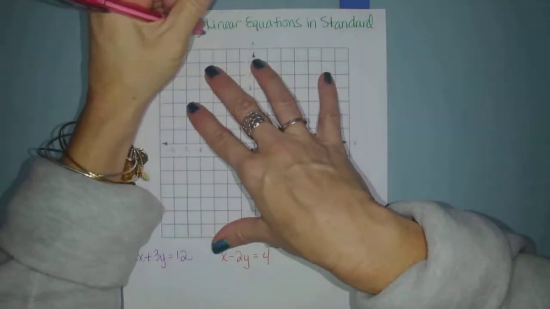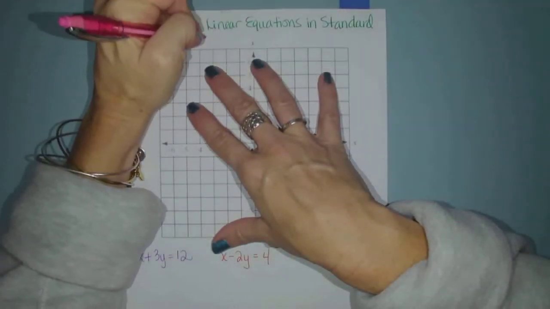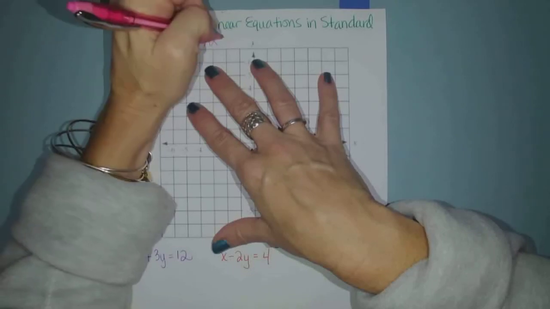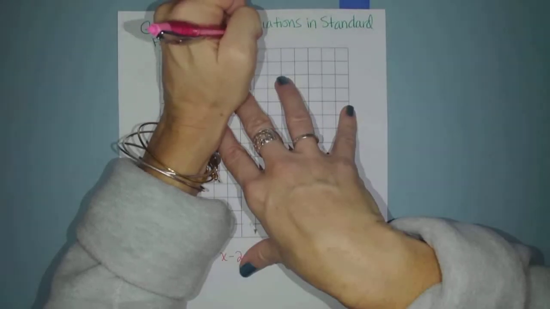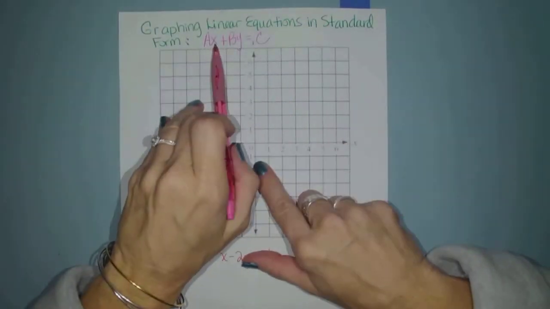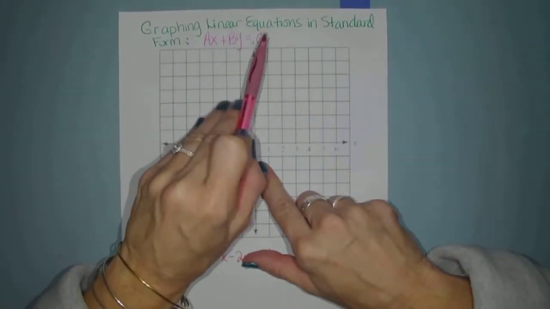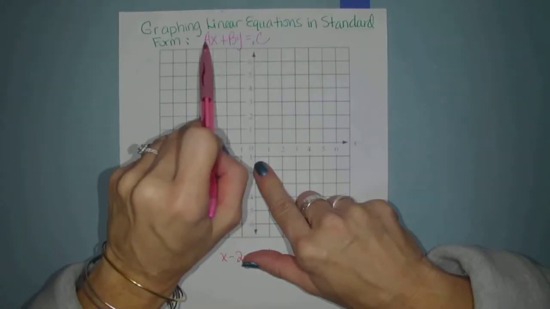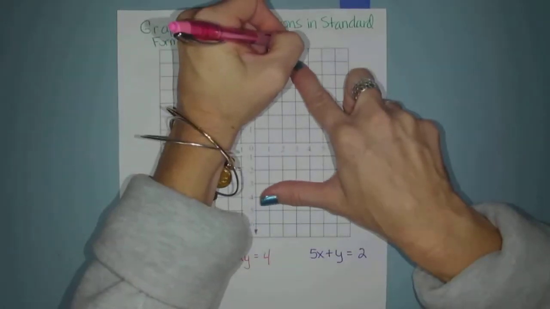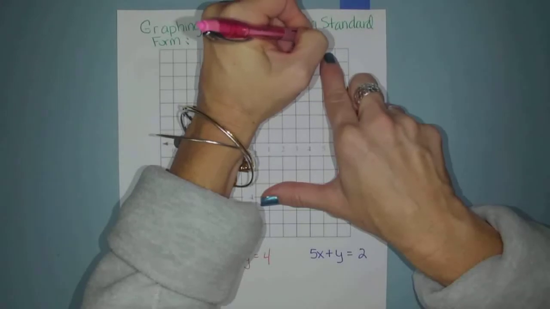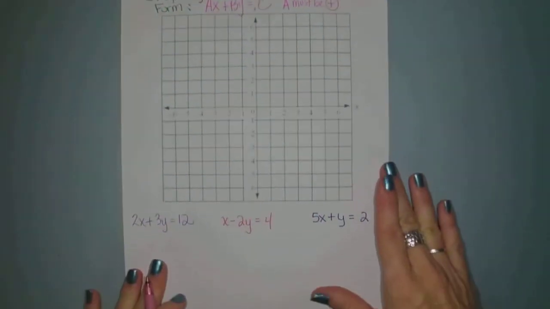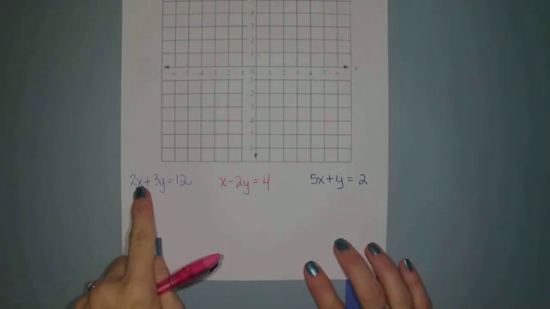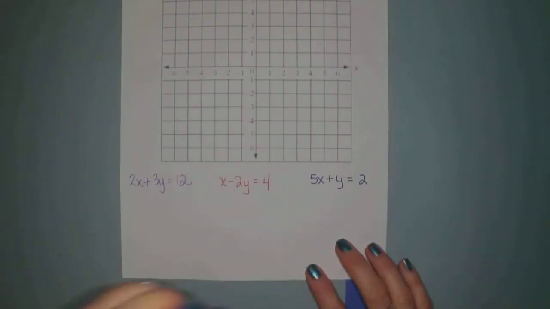So the standard form of a linear equation is Ax plus By equals C. And if you remember our little trick, it looks like Ax body cologne. Remember, the A value must be positive, which, if you look down here, all of our As are positive.